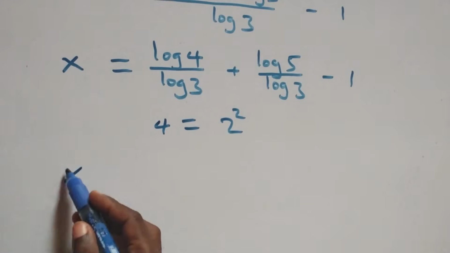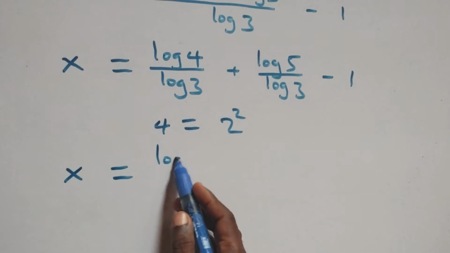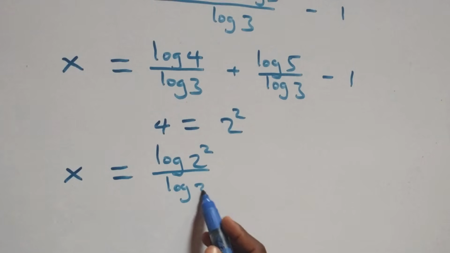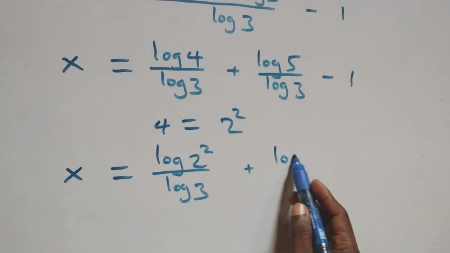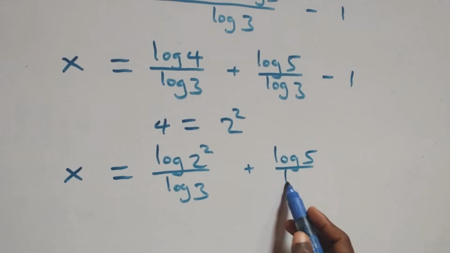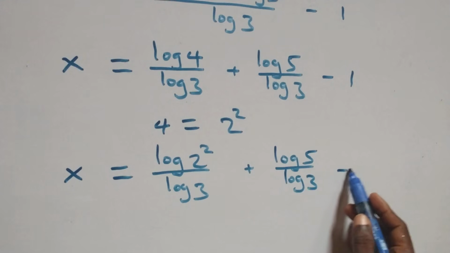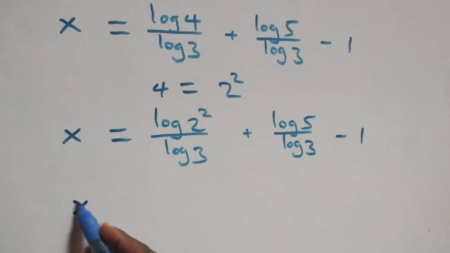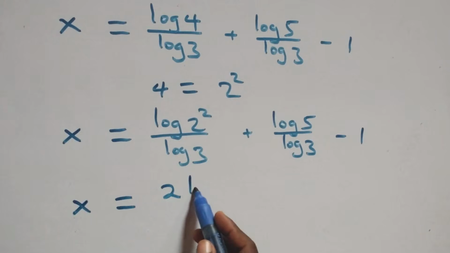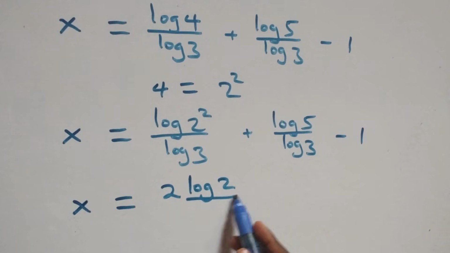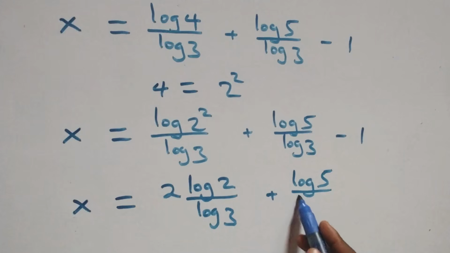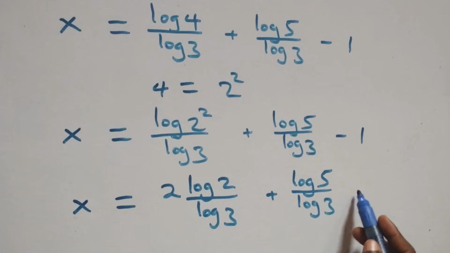That is, x equals log 2 squared over log 3 plus log 5 over log 3 minus 1. We apply the power law of logarithm here. The 2 comes here and we have x equals 2 log 2 over log 3 plus log 5 over log 3 minus 1.